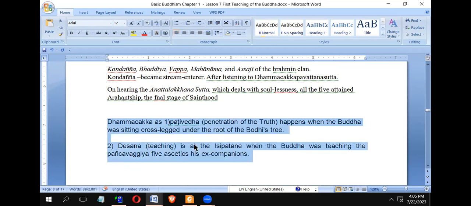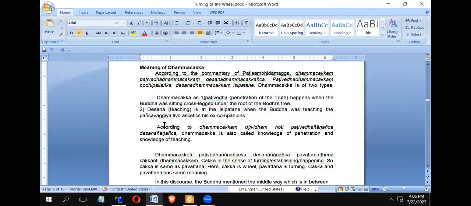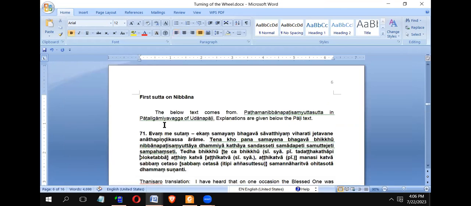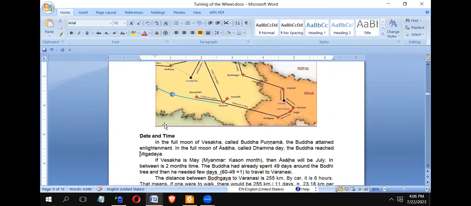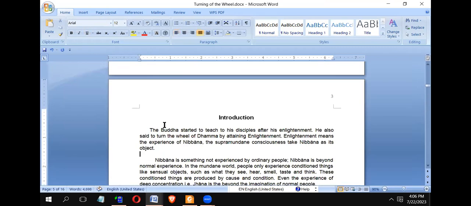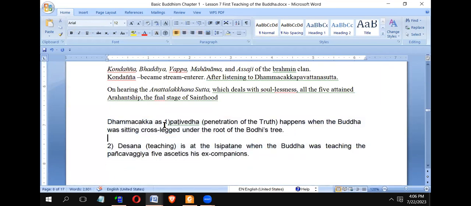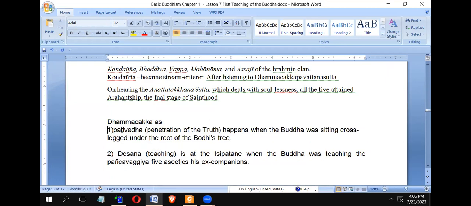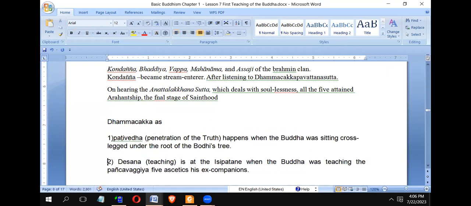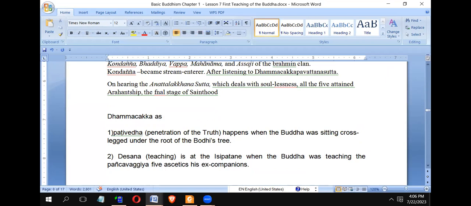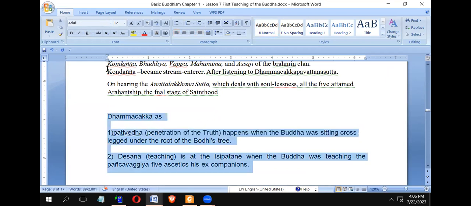It's not the physical wheel, because the meaning of chakra also has other senses. Mahayana would say there are three turnings. We say only two turnings. Where is the other turning? Up on Vulture Hill. What was the Buddha doing then?